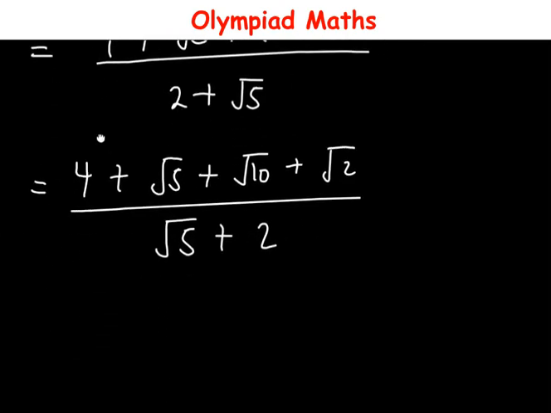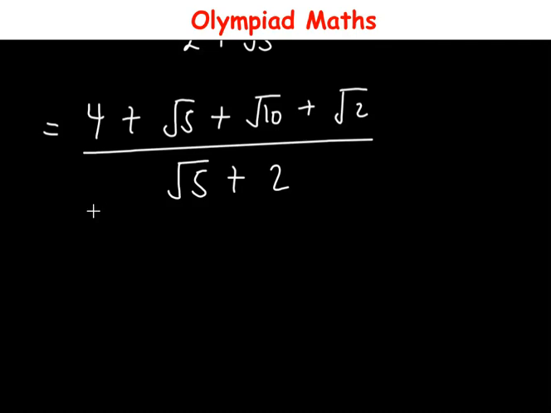Now, at this junction, the next thing we're going to do is to multiply the numerator and the denominator by the conjugate of this, which is simply root 5 minus 2. So this is the conjugate form of root 5 plus 2.